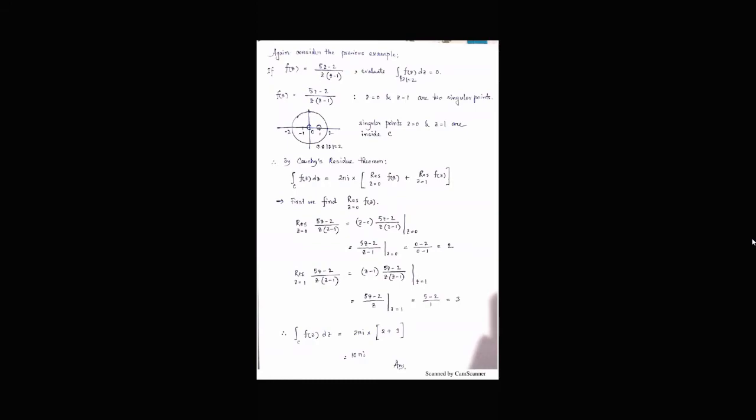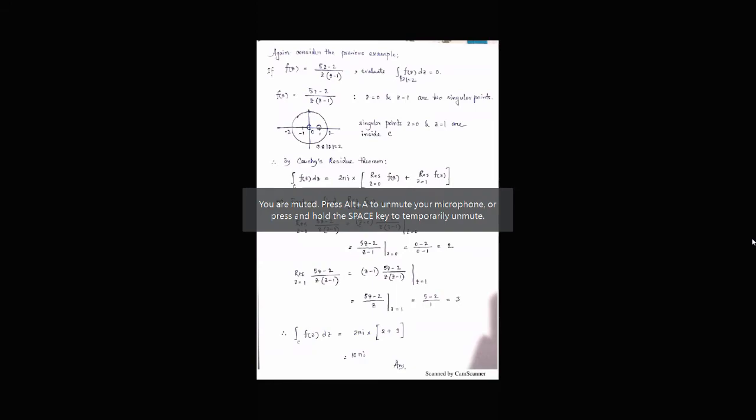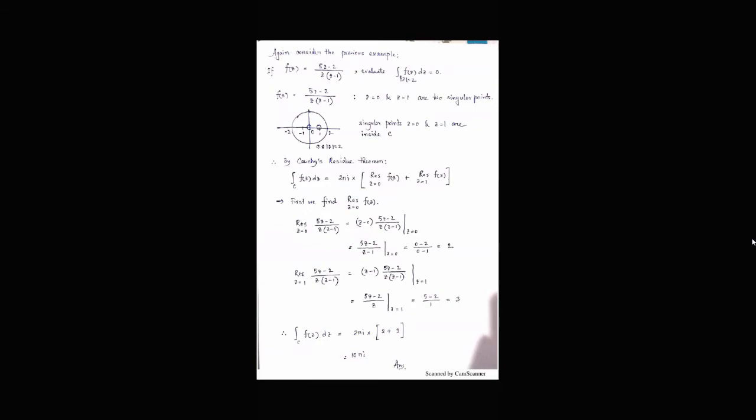Draw a closed contour in your copy, and suppose there are a finite number of points inside the closed contour. At those points the function is not analytic. Those finite number of points are singular points.